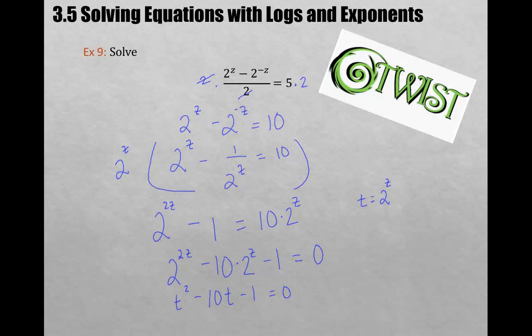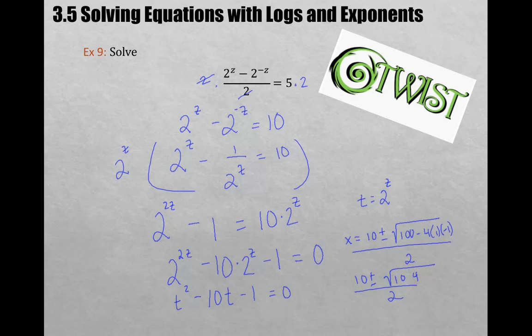This doesn't factor, so what do I need to do? The quadratic formula. x equals the opposite of b plus or minus the square root of b squared minus 4ac, 4 times 1 times negative 1, so what is that, 104, all over 2. So I've got 10 plus or minus the square root of 104 over 2.